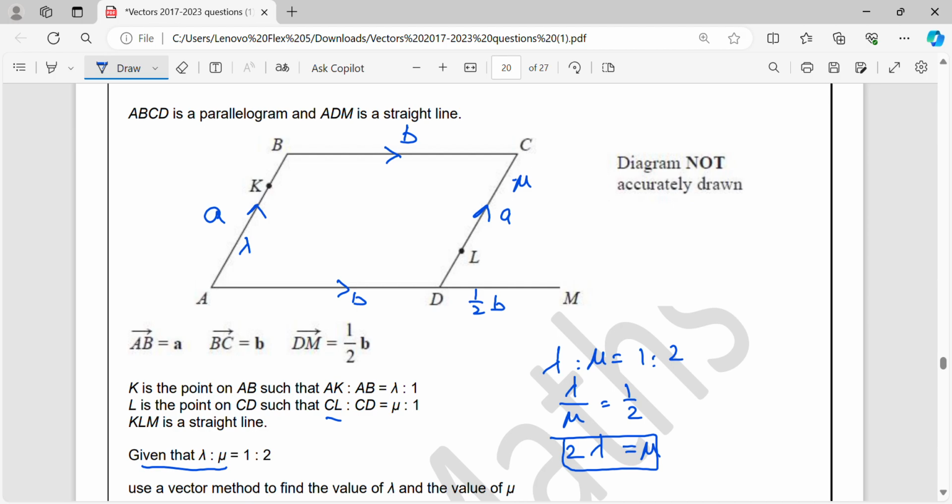It says that KLM is a straight line. Let me underline: KLM is a straight line.